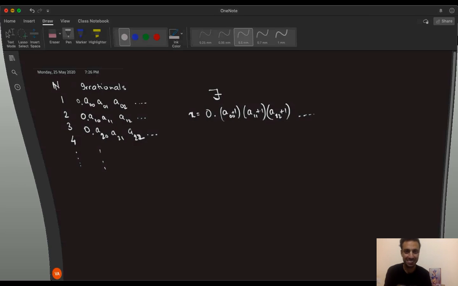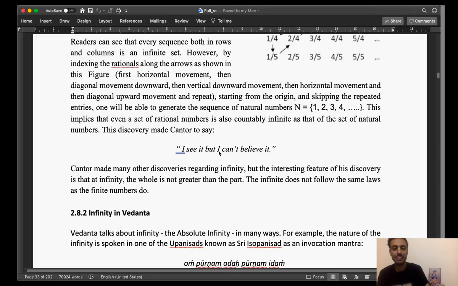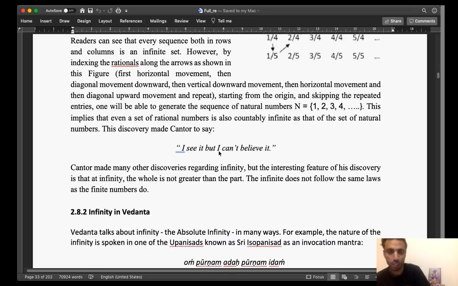Let's go back to our discussion. Okay, so that's why Cantor said, I can see it, but I cannot believe it. Rationals and natural numbers are the same in size, but irrationals are of a different size.